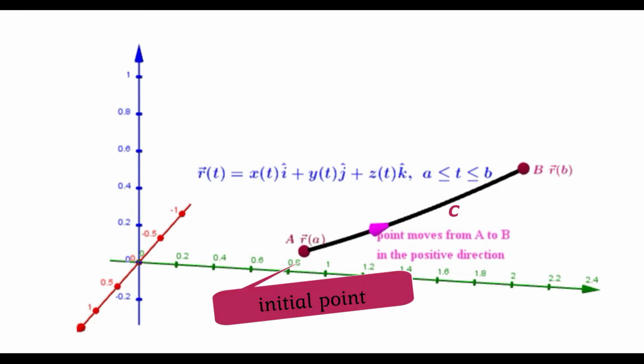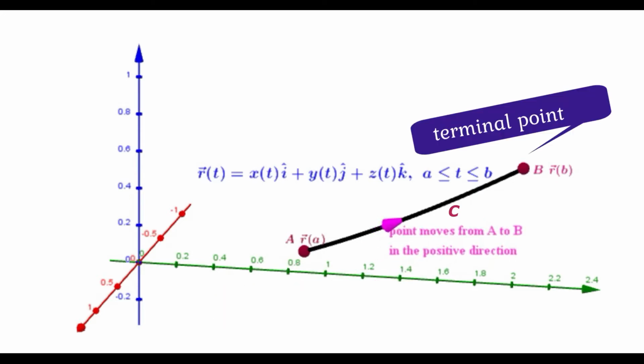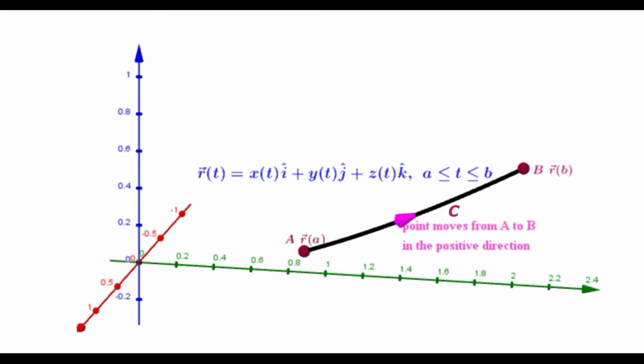The point A with the position vector r of a is treated as its initial point, and the point B with the position vector r of b its terminal point. When we specify the initial point and terminal point like this, then the curve C will become an oriented curve. Any movement from A to B is treated as in the positive direction.